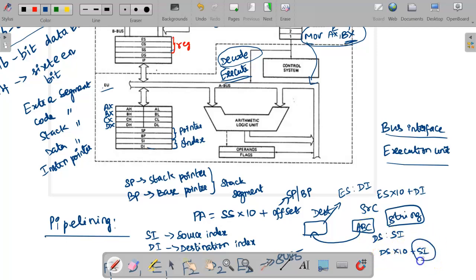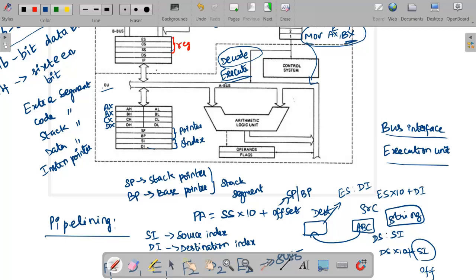So SI here will act as an offset address, and for the destination, DI will act as an offset address, right?